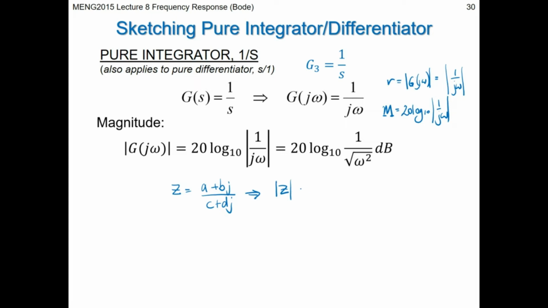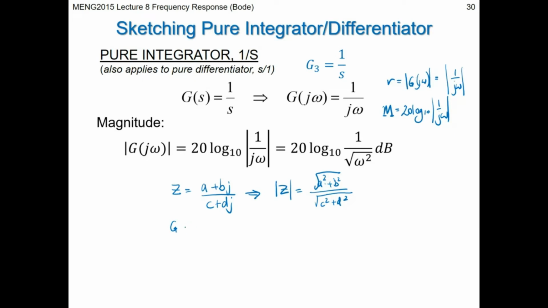If we have a generic complex number z that is a quotient, the magnitude of z is going to be the square root of a squared plus b squared, over the square root of c squared plus d squared.